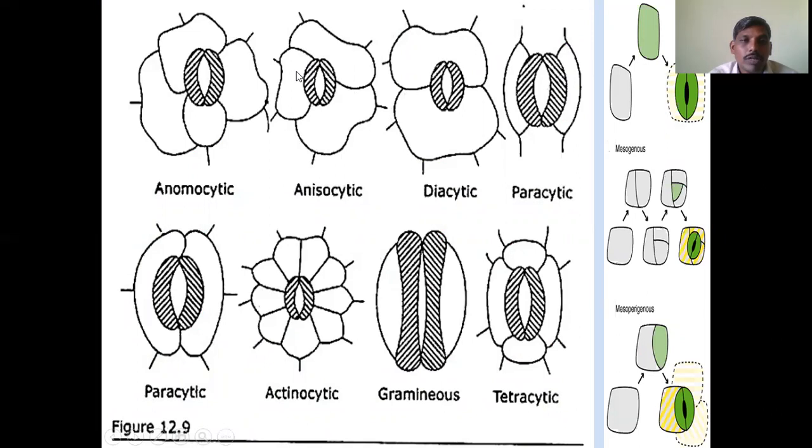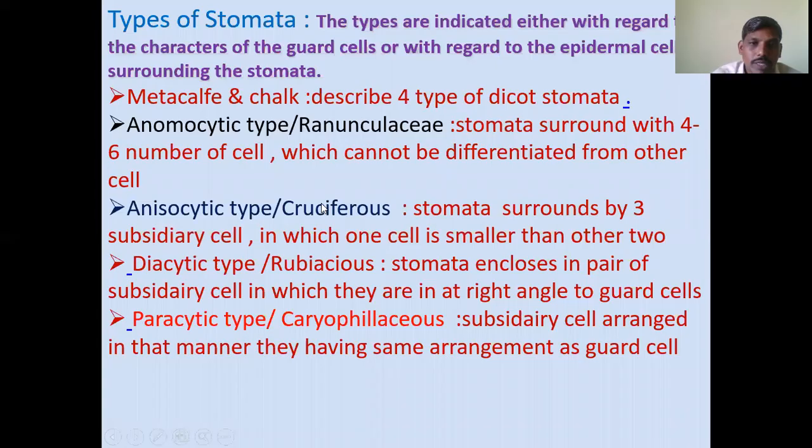Among the 3, one is small, the remaining 2 are large. Such type of stomata are called anisocytic. Example is cruciferous plants or Brassicaceae members.